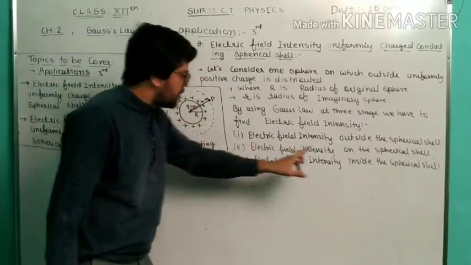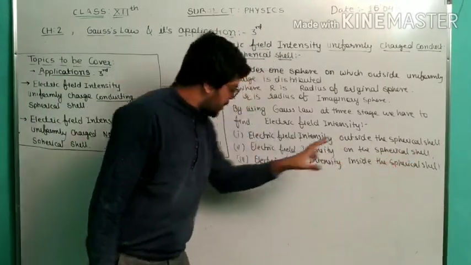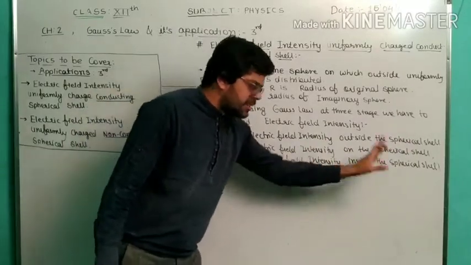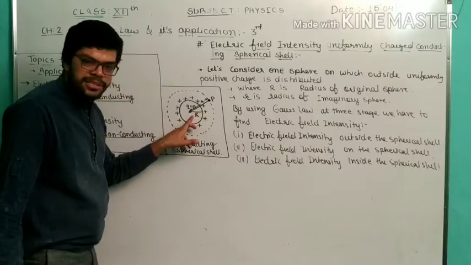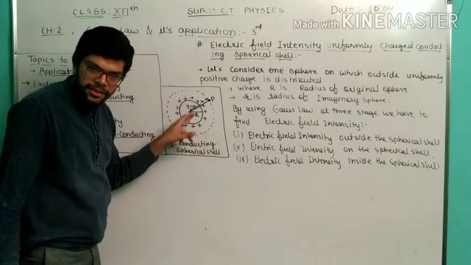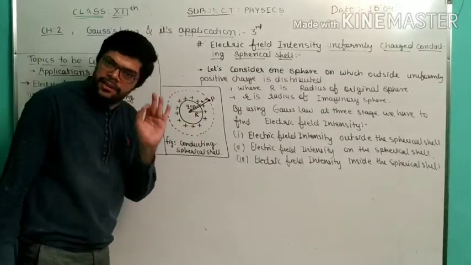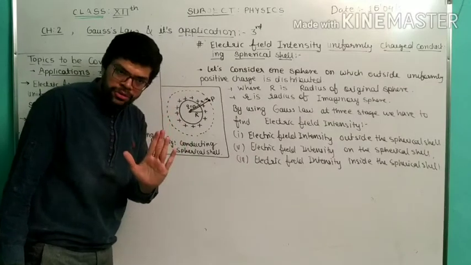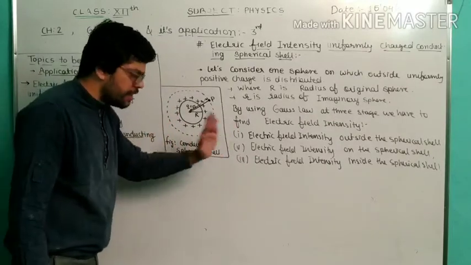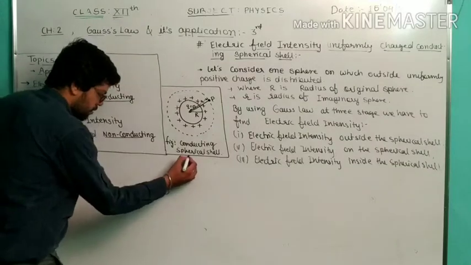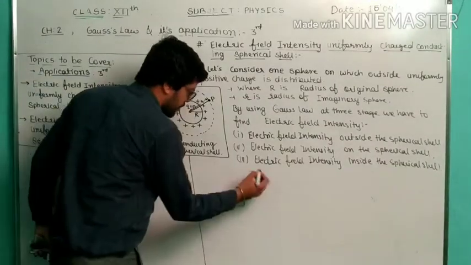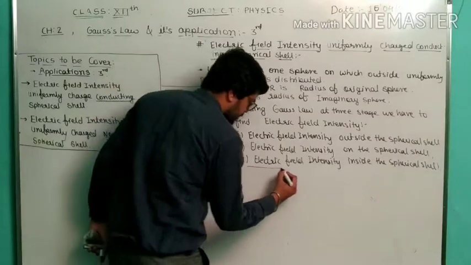Third, inside the spherical shell means point P is inside the original sphere, where we have to find the electric field. Hopefully you understood the conditions. So we divide this into 3 parts so you can understand what we are going to discuss here.